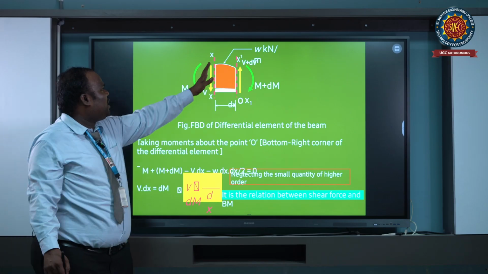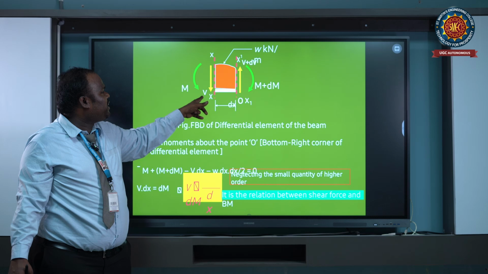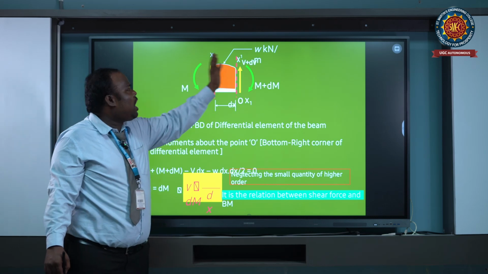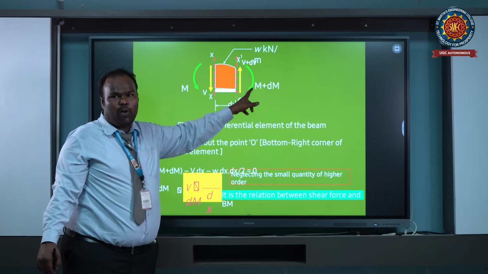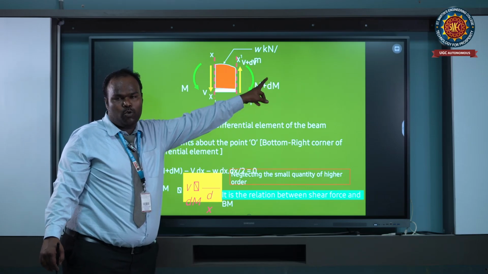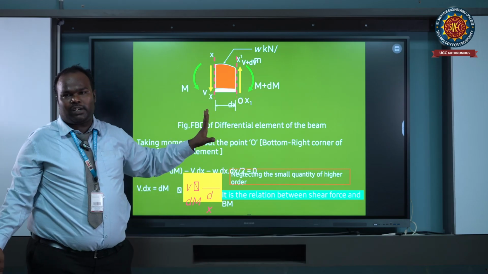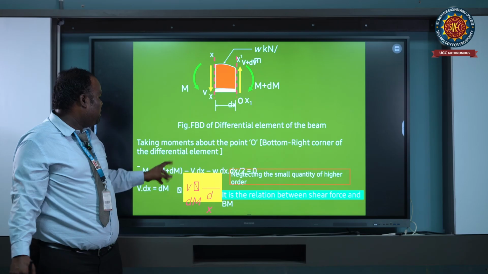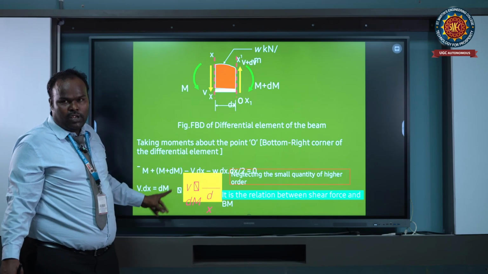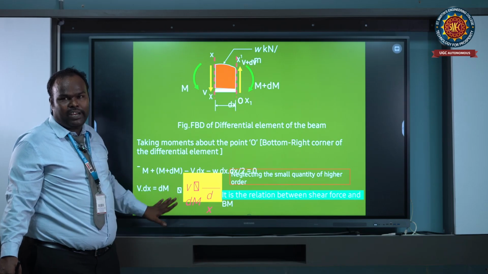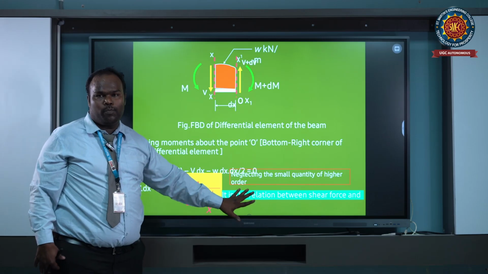Now consider at the xx section we have a vertical reaction downward and moment is capital M, and on the opposite, right side of the section, we have upward reaction V plus dV and moment is M plus dM. Now applying the equilibrium equation conditions, finally we get V dx equal to dM, then V equal to dM by dx. It means the shear force is equal to the rate of change of moment.